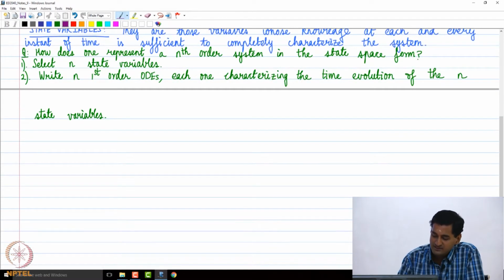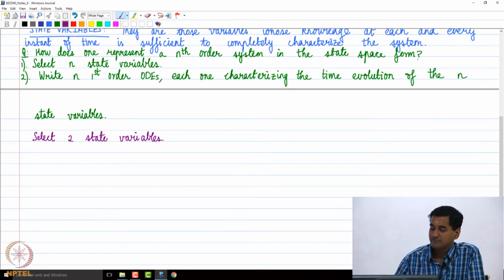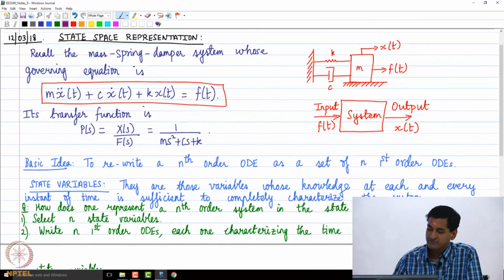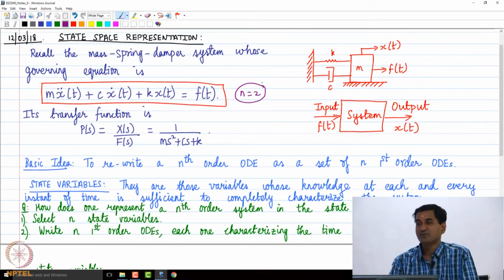Okay, what we do is that, like, we essentially select two state variables. Why am I selecting two state variables? Because the value of n is 2 here, right? So for our mass spring damper system, the value of n is 2, right?